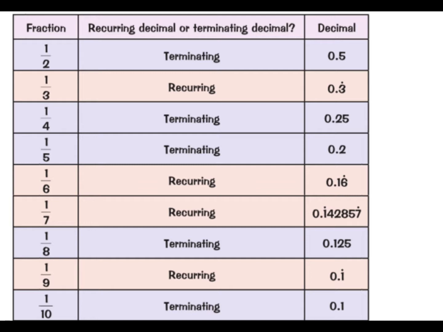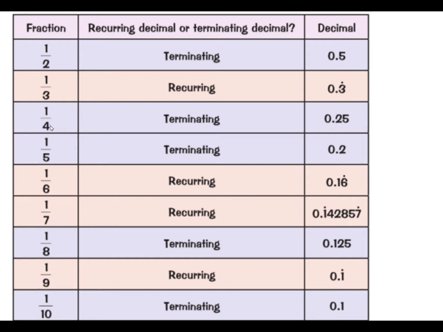Let's have a quick look at all our basic fractions to show you which are terminating and which recur. If you're not sure of some of these, all you need to do is the division of these fractions to show you whether they recur or they terminate. Some of the ones you are probably familiar with from school are that a half is 0.5. You may remember that a third recurs to 0.3.